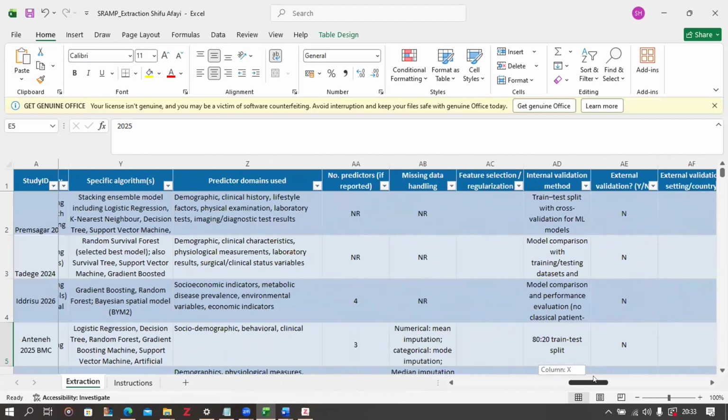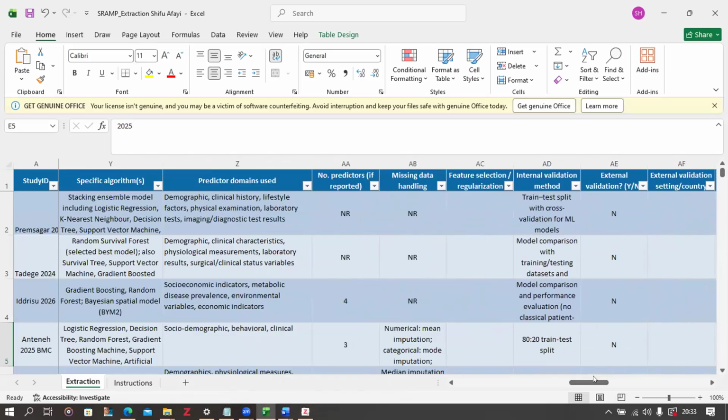It was at the level of the external validation. For that definition, if I'm not correct, it should be the method that was used to evaluate the model performance using the data that was used to develop the model itself.